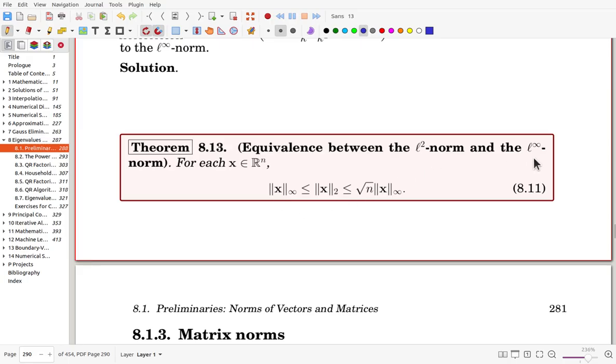L2 norm and L infinity norm are equivalent, which means that, for example, this inequality says that if a sequence of vectors is converging in L2 norm, for example approaching 0, then in L infinity norm, because of this inequality, it is again approaching 0.